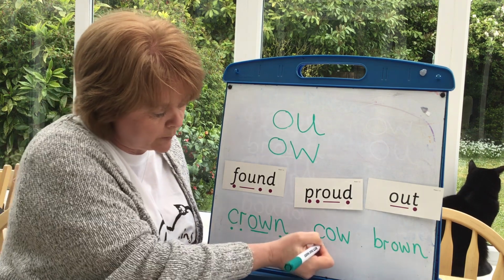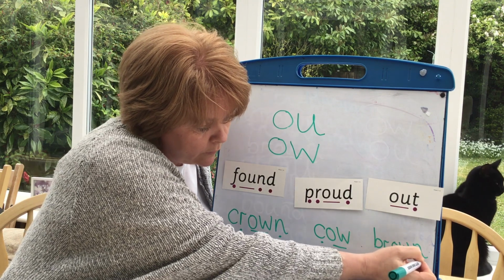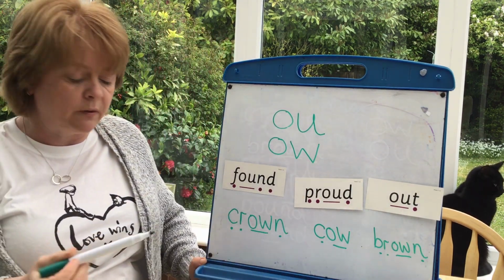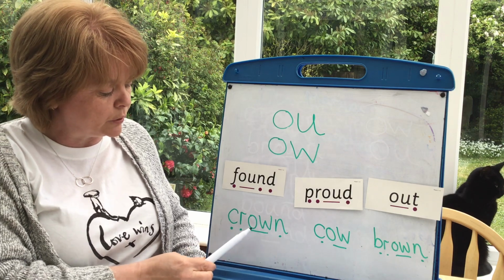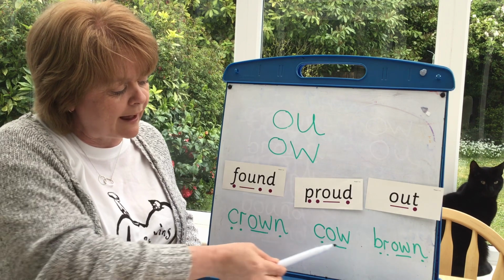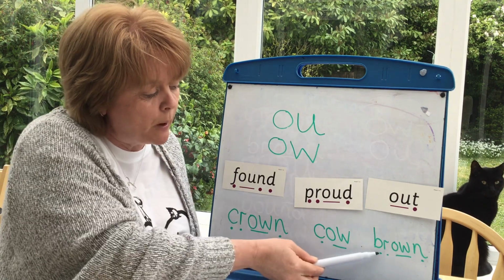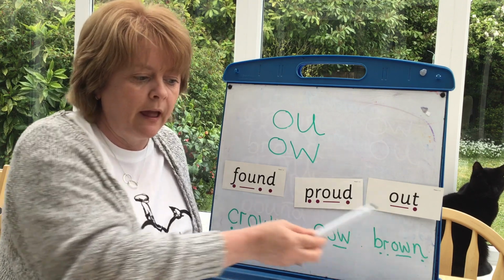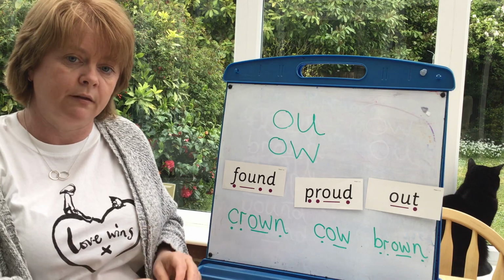If you put the sound buttons in yourself, you could then get them to spot the digraph first. So we spot the digraph, there it is. And we say k, ow, crown. K, ow, cow. B, ow, brown. And that's how we teach them to read with the sound buttons.